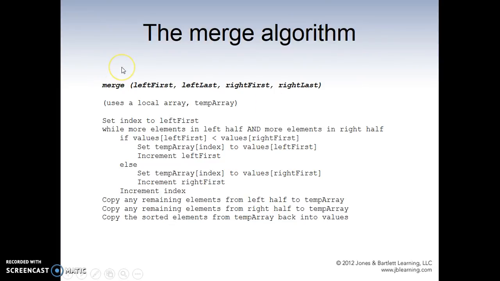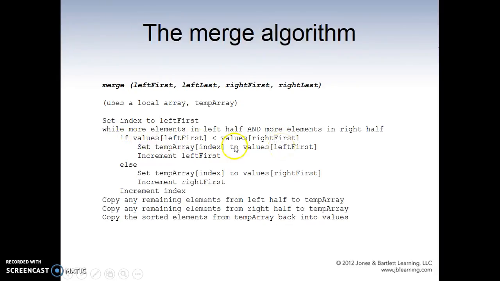So this is the merge algorithm. Merge takes the left first, left last, and right first, right last indexes, and sets the start index to left first, while there are more elements in the left half and more elements in the right half. We just iterate the merge by comparing the left first to the right first.